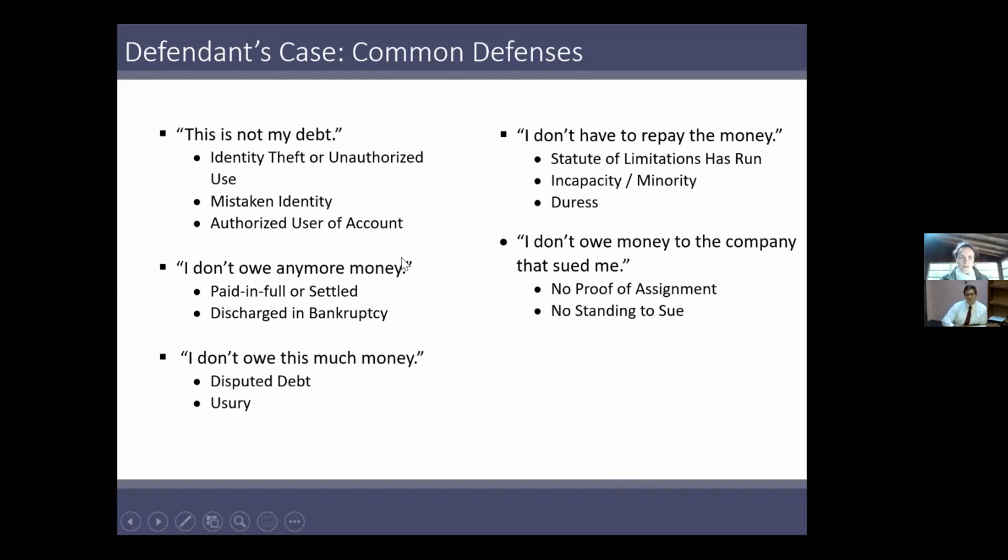So, common defenses: not my debt. I already paid this debt. I don't owe them anymore. I owe some, but not this much. I don't have to repay the money because the debt is too old.